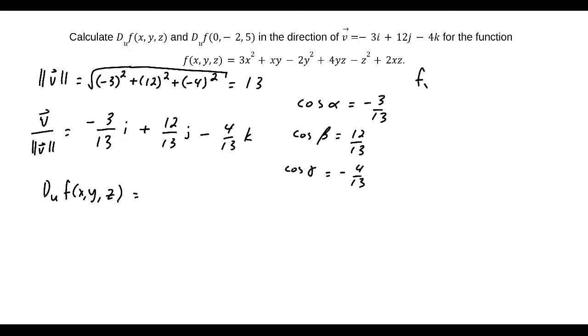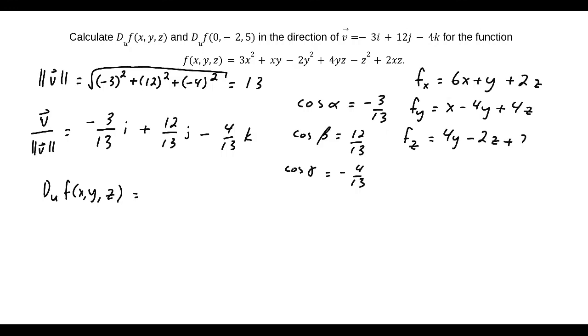So f_x is equal to 6x + y + 2z. f_y is equal to x - 4y + 4z. And f_z is equal to 4y - 2z + 2x.